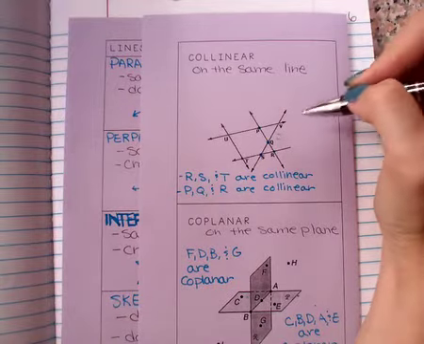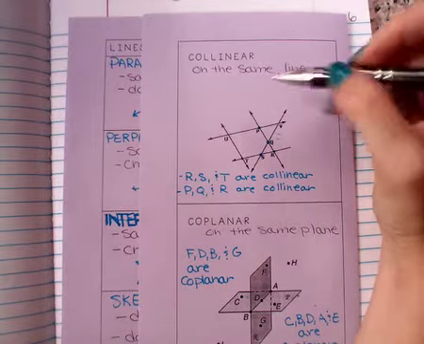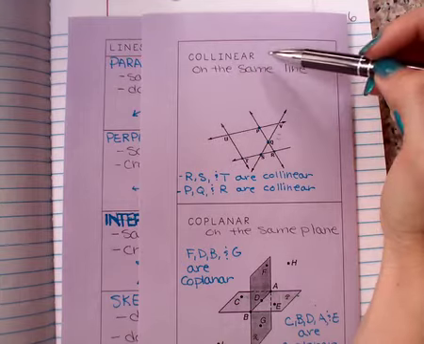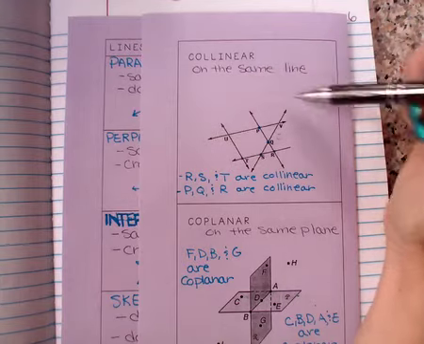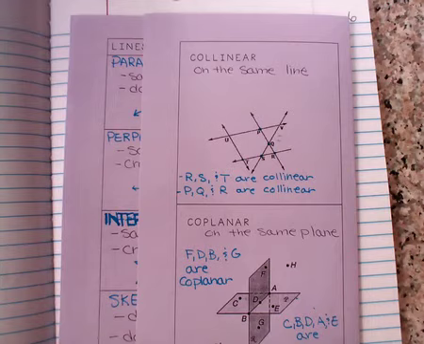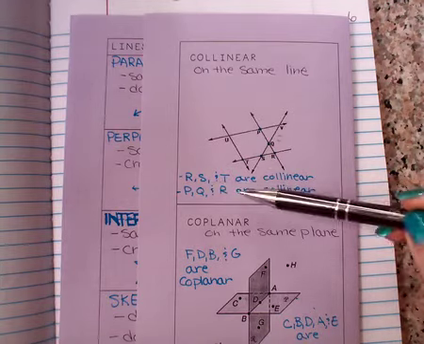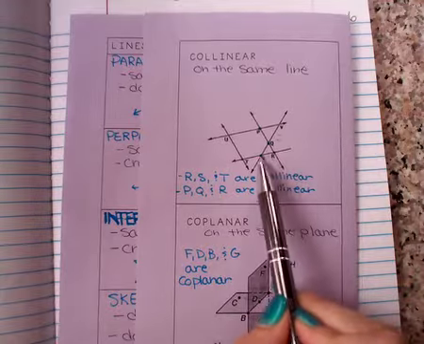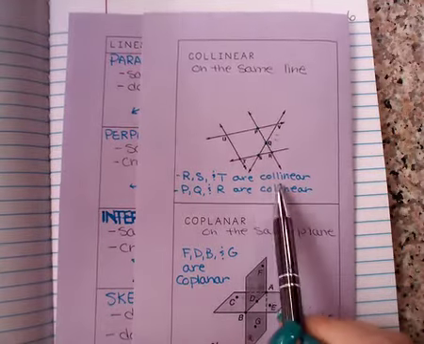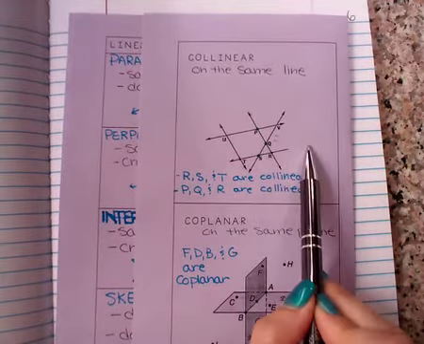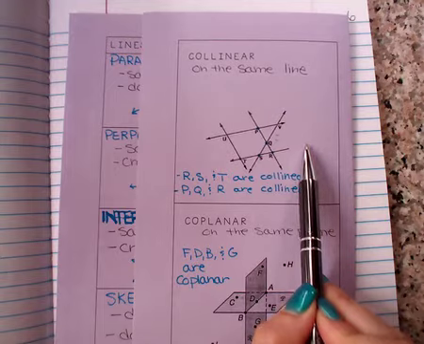When we have points on a line, we call the points collinear if those points are on the same line. So for example, in this diagram that we have, points R, S, and T are collinear because I can draw one line and connect all 3 points.